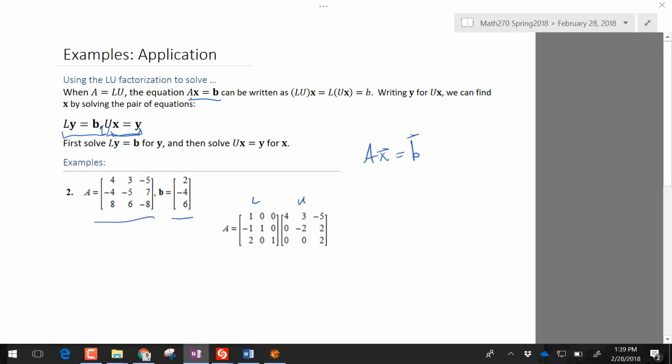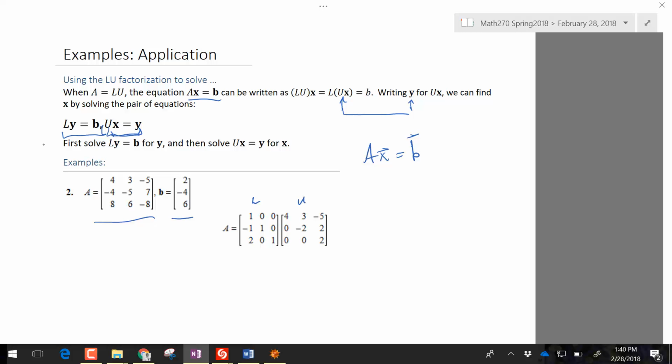In the AX equals B equation, A can be written as LU, and then using associative properties, you have L times UX equal to B. You temporarily set UX as Y, and then you have LY equals B, where UX is equal to Y. That sounds really confusing. UX is Y, an intermediate vector that you find first, and then that helps you find X.